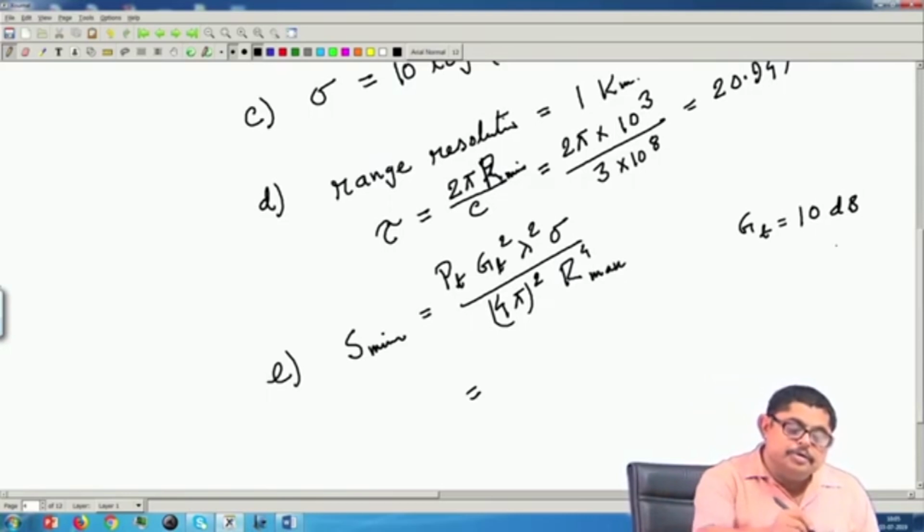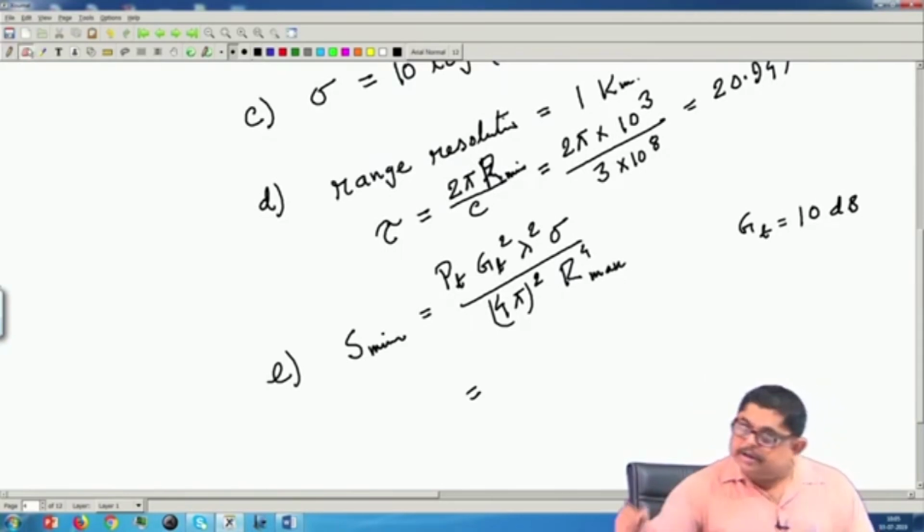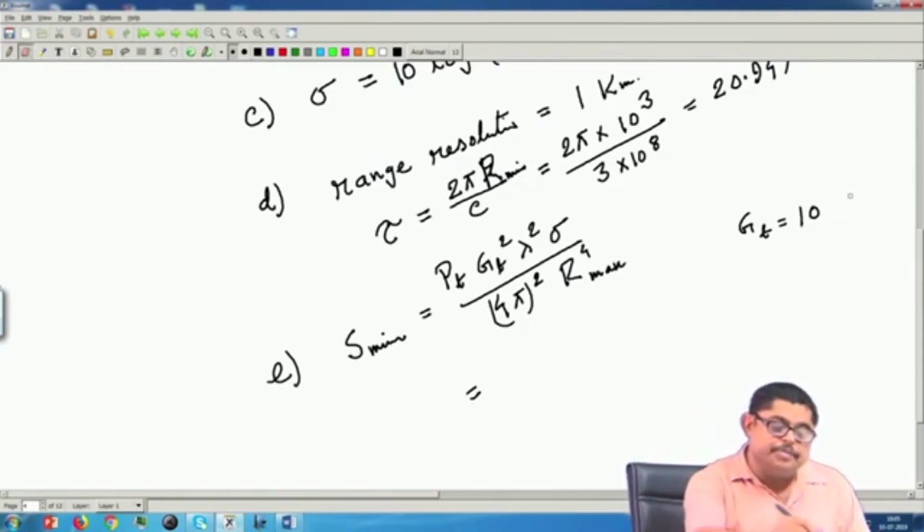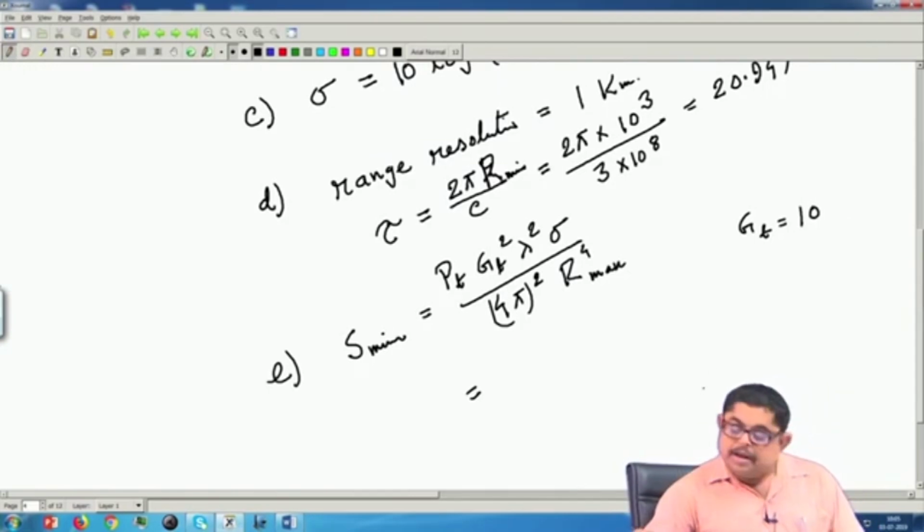I can say 10 also. Let us say absolute value Gt 10, and lambda, let us say 10 gigahertz, 3 centimeter, that is 0.03 meter.